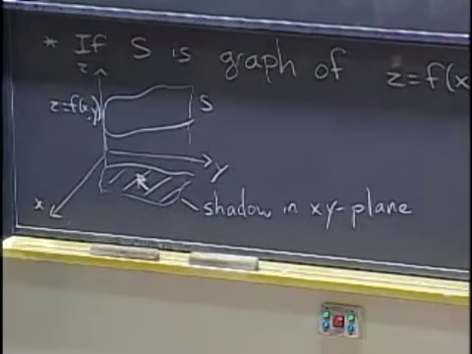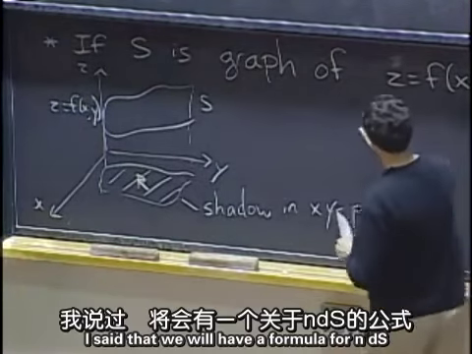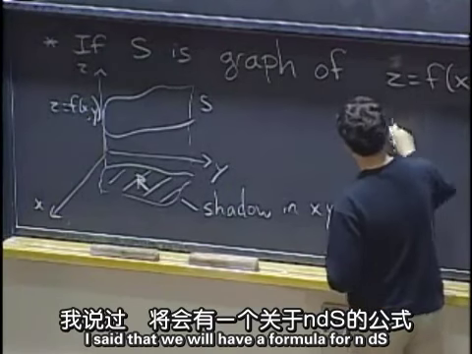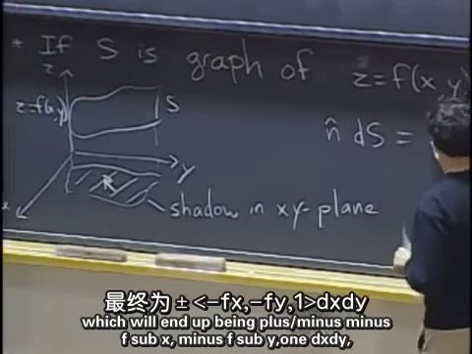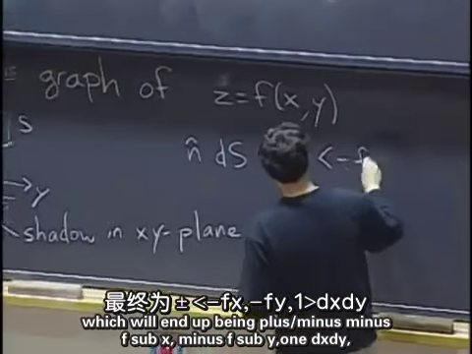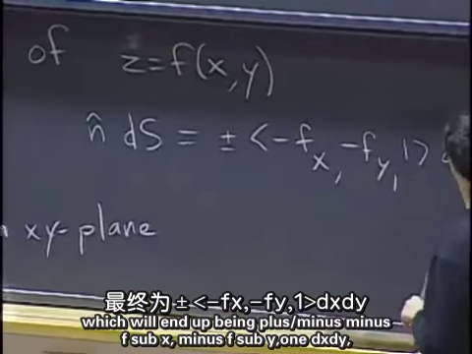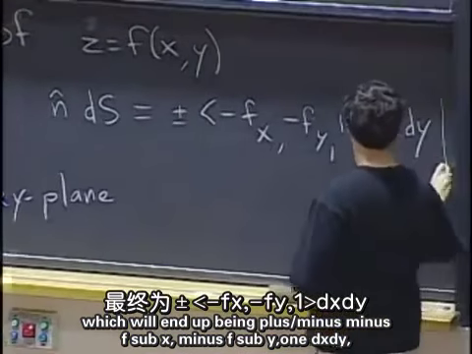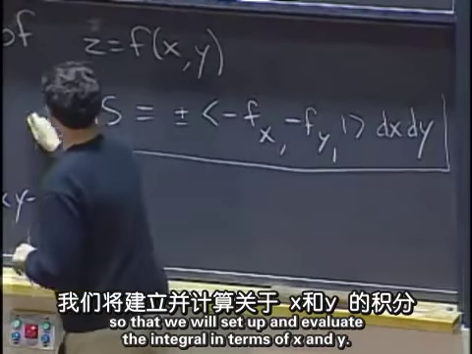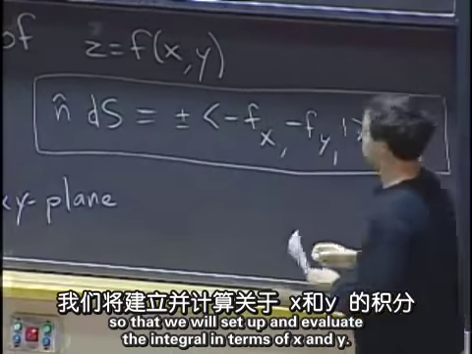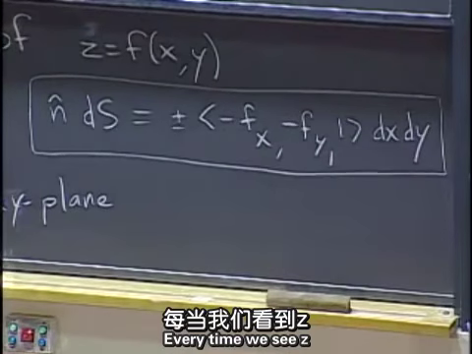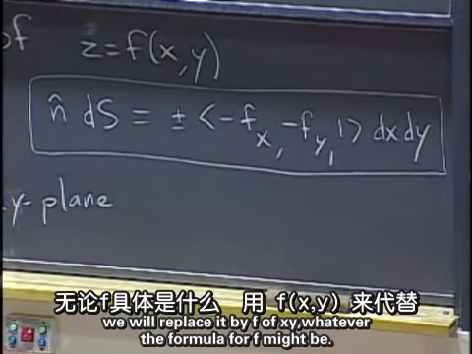So I said that we'll have a formula for n dS, which will end up being plus or minus (minus f sub x, minus f sub y, 1) dx dy, so that we will set up and evaluate the integral in terms of x and y, replacing every time we see z by f of x, y, whatever the formula for f might be.